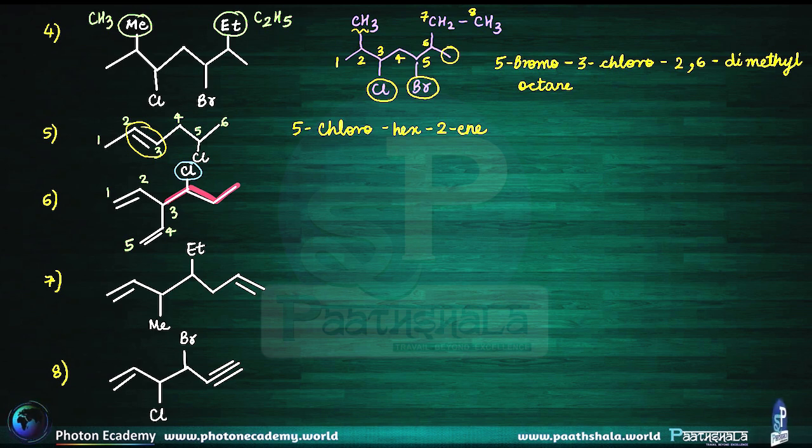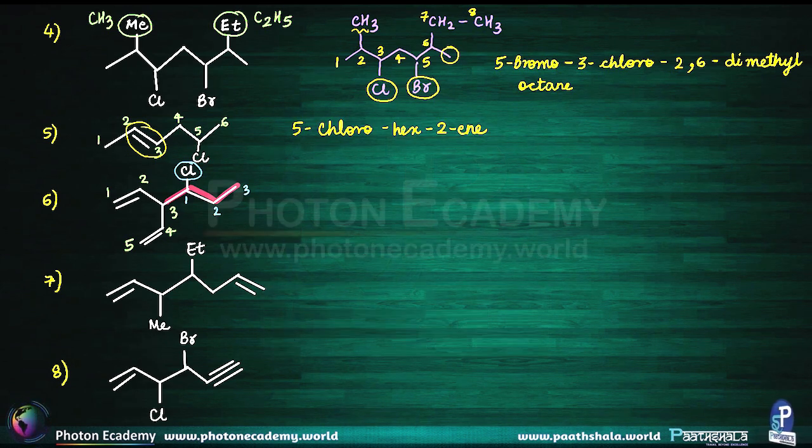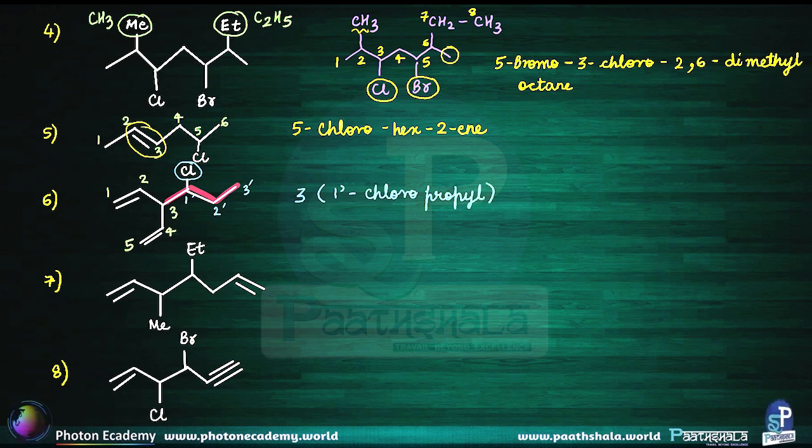So this is 1, 2 and 3. So we call this 1 dash, 2 dash and 3 dash. So now at 3, we have 1 dash chloro. We have chloro at 1 dash and this is the propyl group, 3 carbons called propyl, and then pen because 5 carbons, and at 1 and 4 we have double bonds, so pent-1,4-diene. This is how we name it.